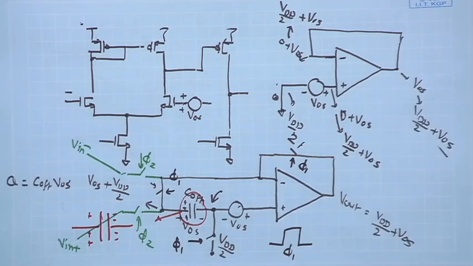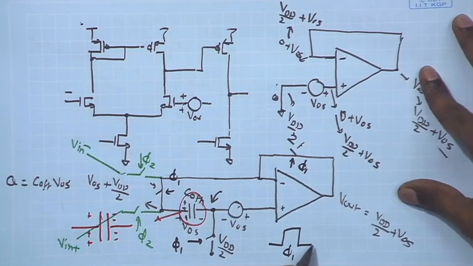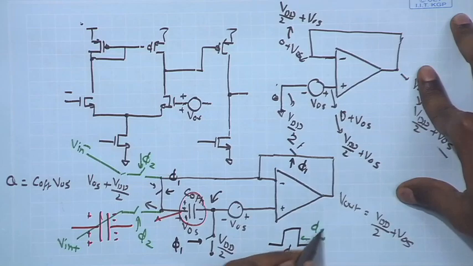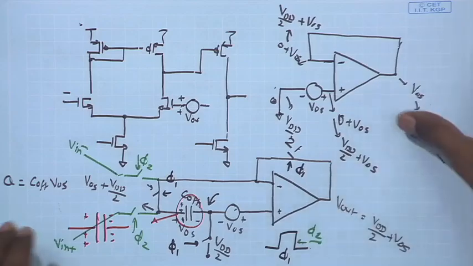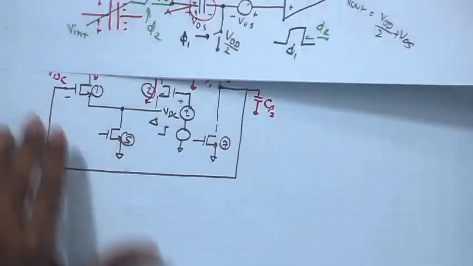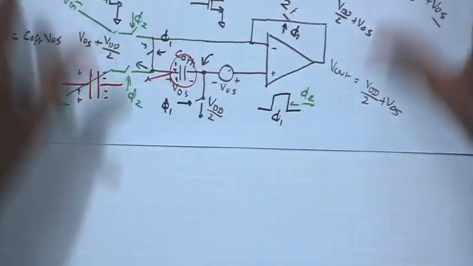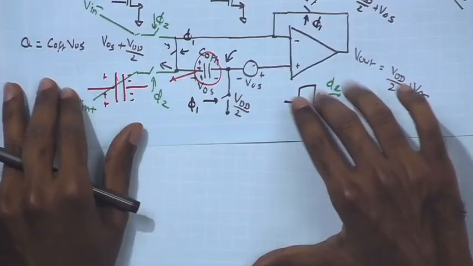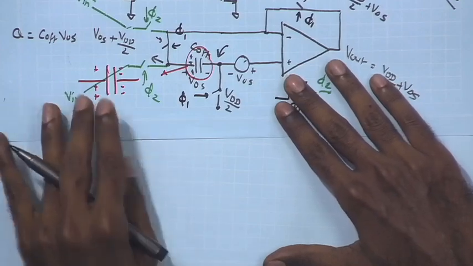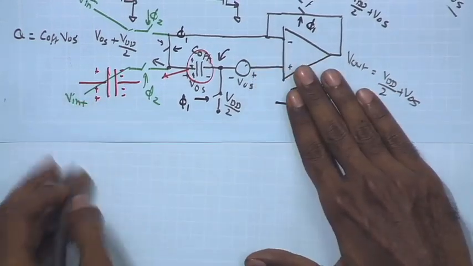what is the equivalent circuit that I will have in the phi 2 phase? So, when phi 1 is off, phi 2 is getting on immediately. If I assume that, then what is the resulting circuit? If I keep this as it is, and try to draw the corresponding circuit in the phi 2 phase.